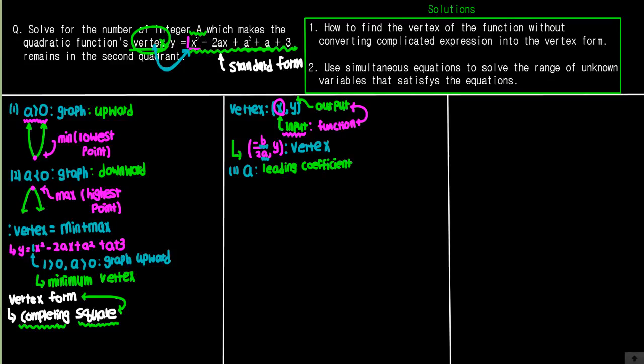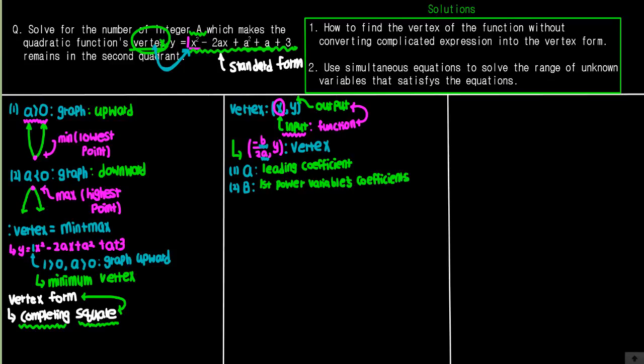Let's think about the function of b. The b will be the first power term's coefficient, or the first power variable's coefficient. Essentially they're all coefficients, but the locations are different.